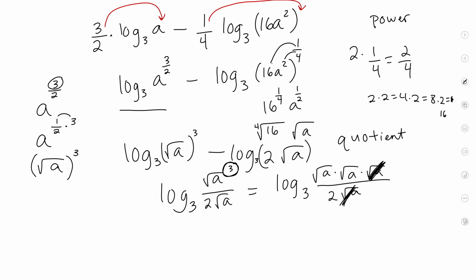So what can I write? Do you guys know what the square root of a times the square root of a is? It's just a. Because think about the square root of 9 times the square root of 9. This is 3, and this is 3, which is just 9. So it's whatever's inside.